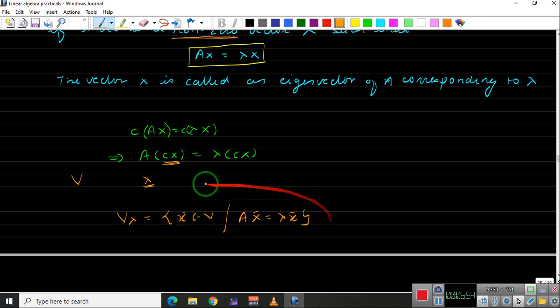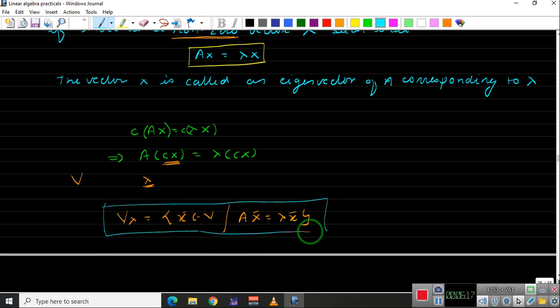So this set will form a subspace, but not always. As a set, this will not be a subspace, but you need to put something extra. Let me just keep this as it is, because I don't know whether you have studied subspaces and vector spaces.